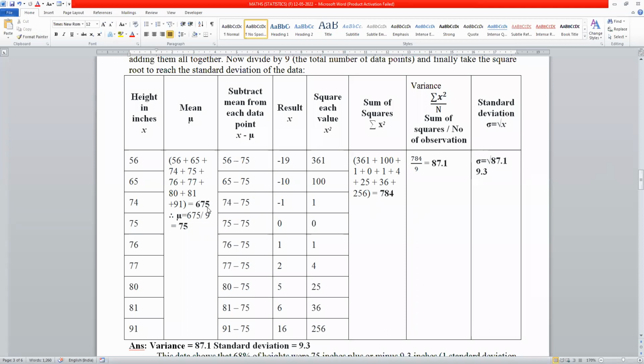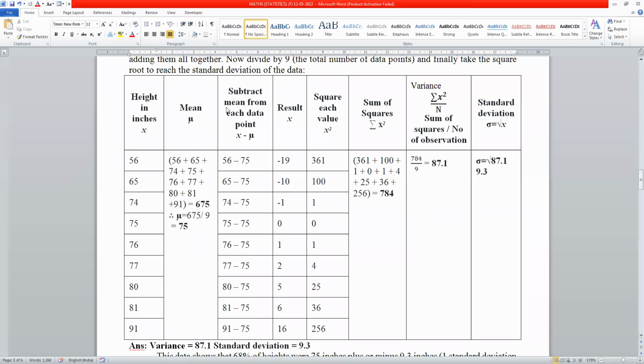So what is the mean here? It is represented by mu. It is 675 divided by 9, which is 75. So you add all the observations and divide by the number of observations. Here the number of observations is 9, so we got the mean.